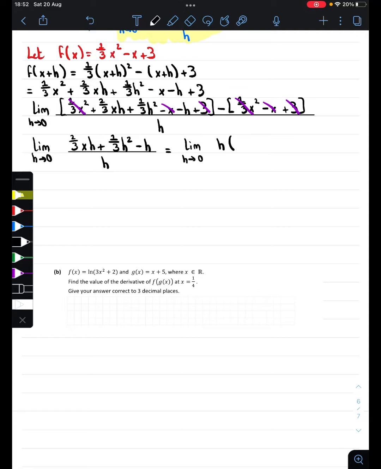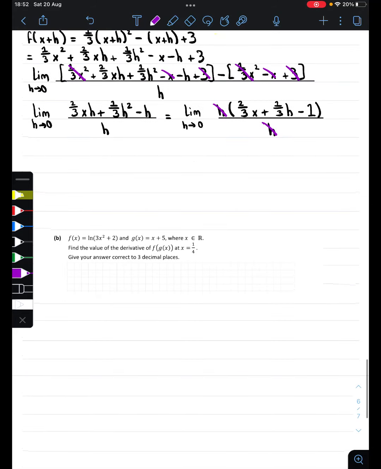We get h times (2/3 x plus 1/3 h minus 1) all over h. And now we can get rid of the h on the bottom because it cancels with the h on the top. And so now we have a limit that we can actually work with.